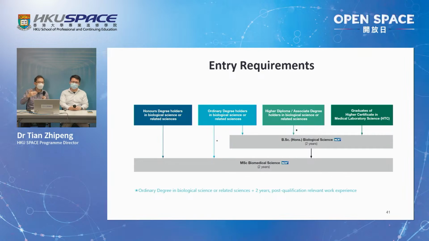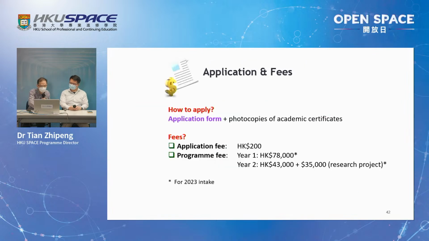So when they do the BSc program, they can also work in the lab, gain some working experience, and then continue to work in the lab for a few more years to accumulate more working experience, and then get a higher qualification at master level. So that helps them to get promotion and career advancement.